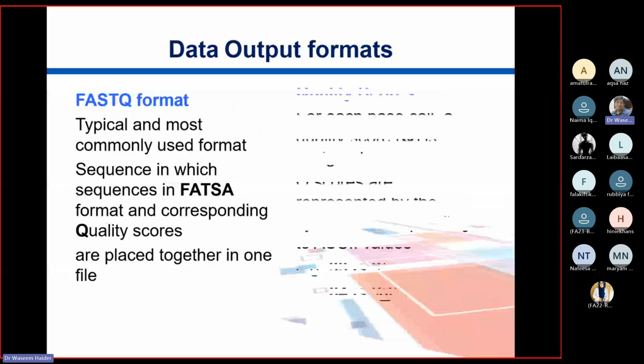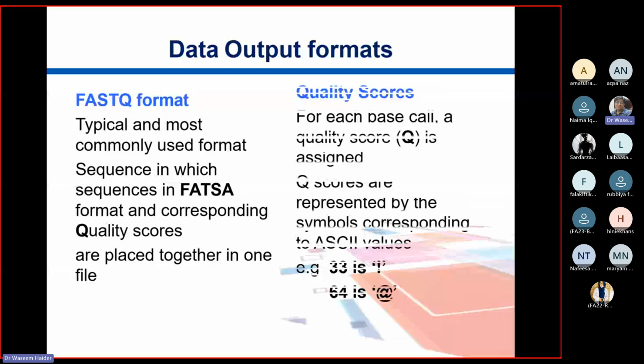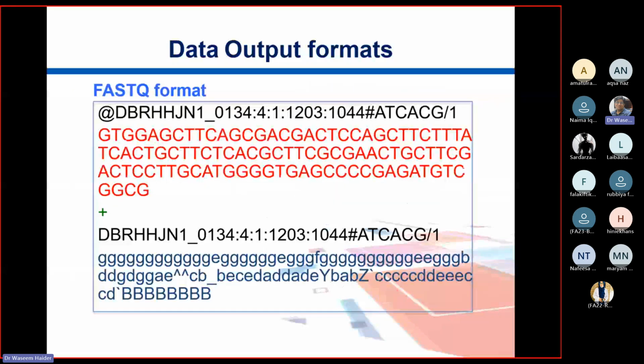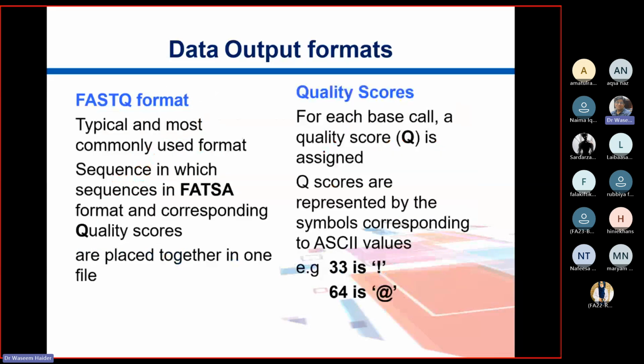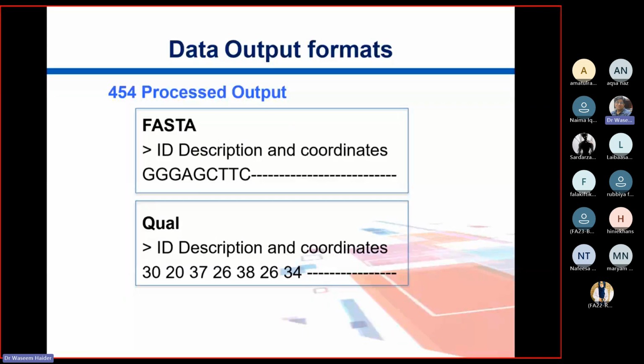But later on, we realized, like Illumina and other technologies, and then 454 also followed, they returned one big file with both the FASTA sequence as well as these qual scores in one file, right?